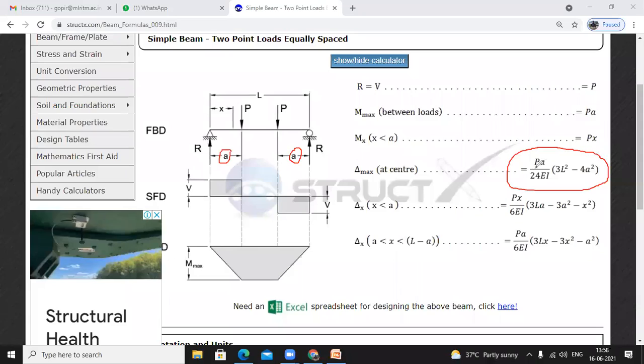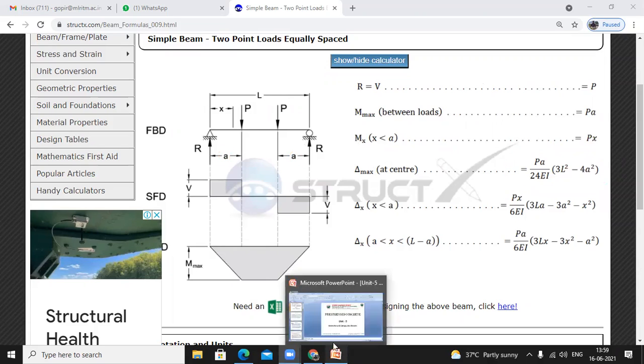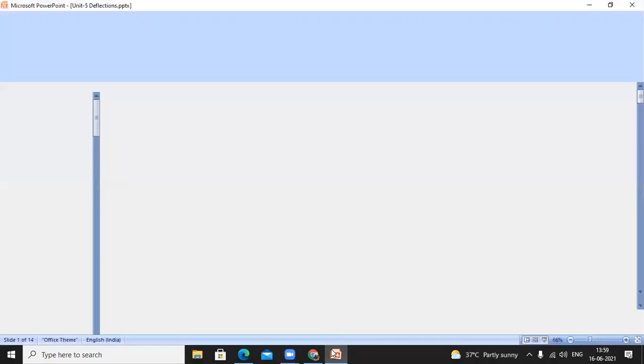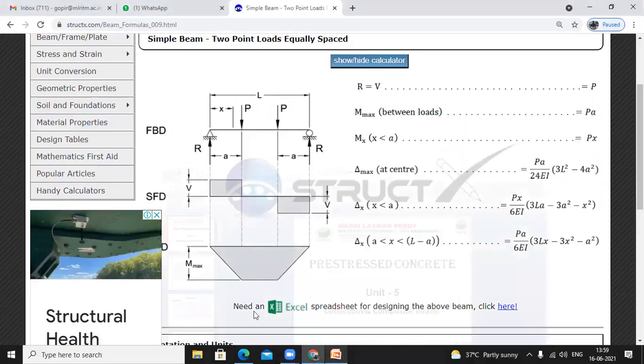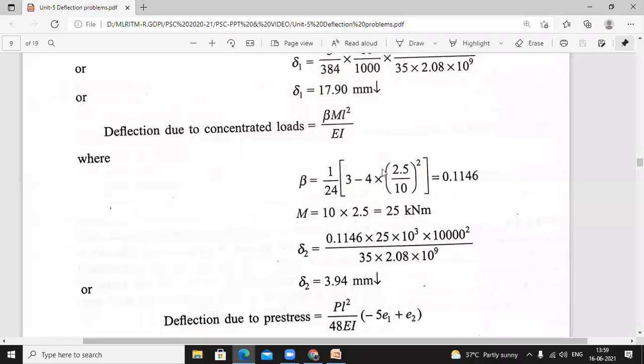So what is P? P is the external concentrated load, and a is the distance, 1/3 or 1/4. And L is the length of the span. EI is the same. So if you substitute, you can directly get this answer, 3.94 mm.